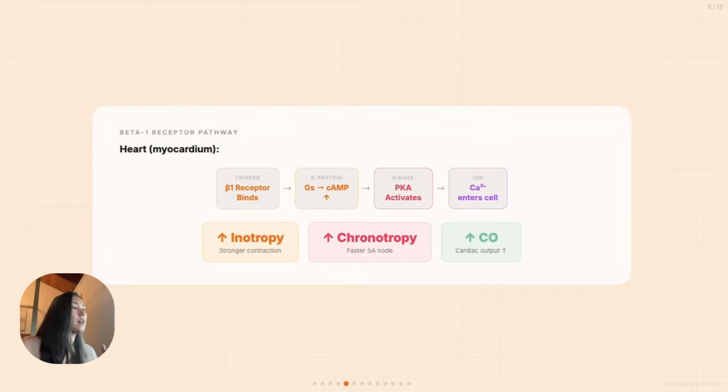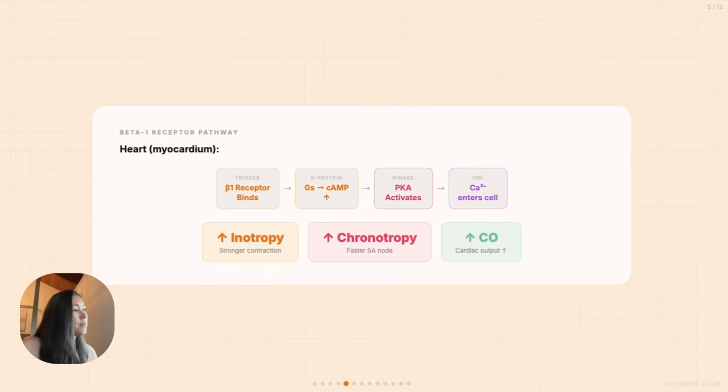All right, so now let's talk about the beta-1 receptors. These are in the myocardium, and beta-1 activation triggers a Gs protein, which stimulates adenylyl cyclase to convert ATP into cyclic AMP. That cyclic AMP activates protein kinase A, which phosphorylates calcium channels on the myocardial cell membrane.